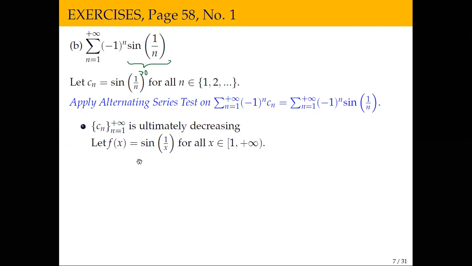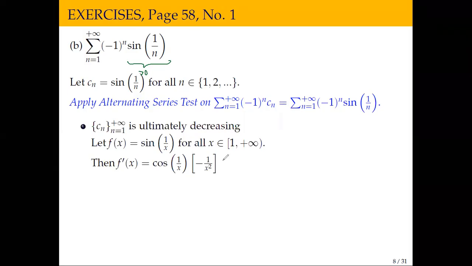After letting f be sine of 1 over x, we then look for f prime. In here, f prime of x is equal to cosine of 1 over x times negative 1 over x squared. Since our x comes from the interval of 1 to positive infinity, 1 over x squared is positive, times a negative number, we have here negative.